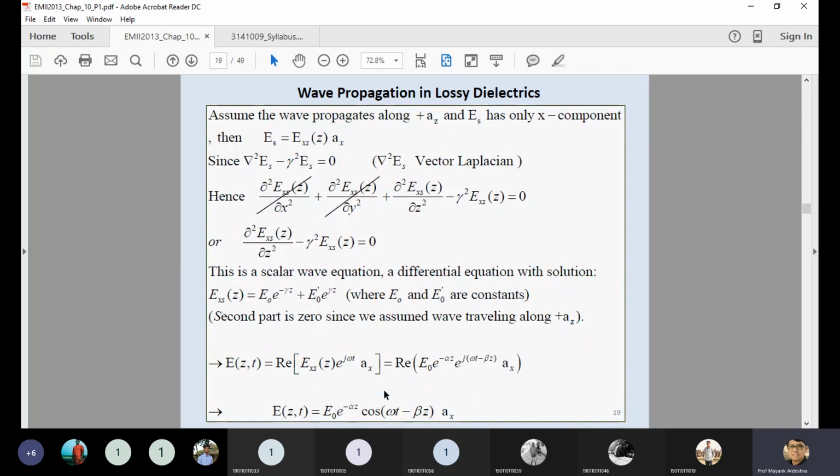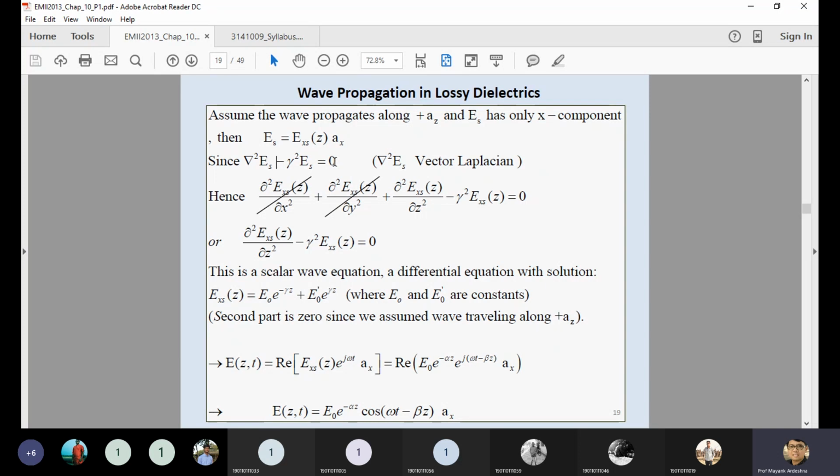Now what they are doing is using the equation del square E minus gamma square E is equal to 0, which is called the Helmholtz equation, or maybe the Laplacian equation, and they are trying to find the solution for the electric field, because from this equation we are interested in finding the electric field.